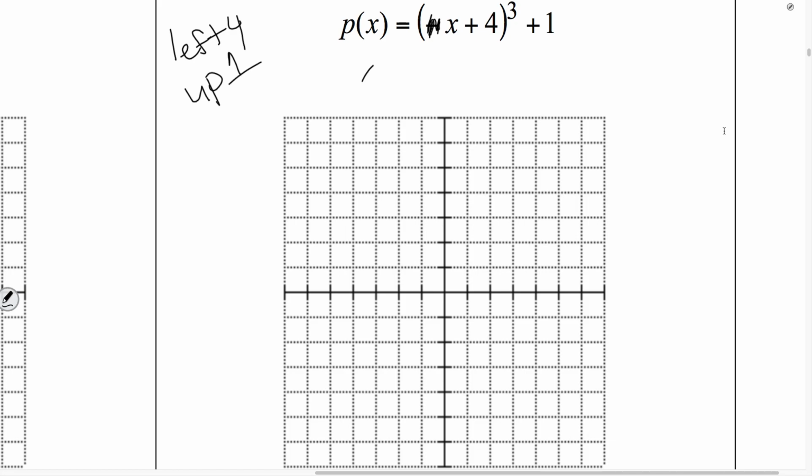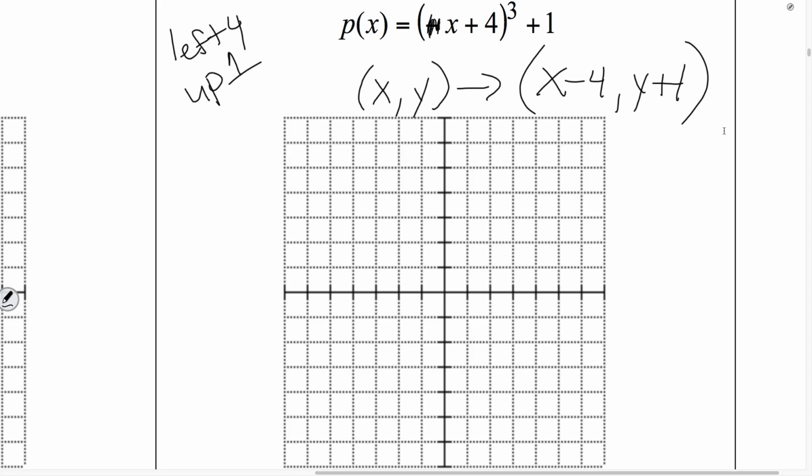And then what's the xy going to be? X minus 4, and then y plus 1. And that would be left 4, up 1, and it's a cubic, not a cube root, so it's going to go something like this. Just a quick drawing.